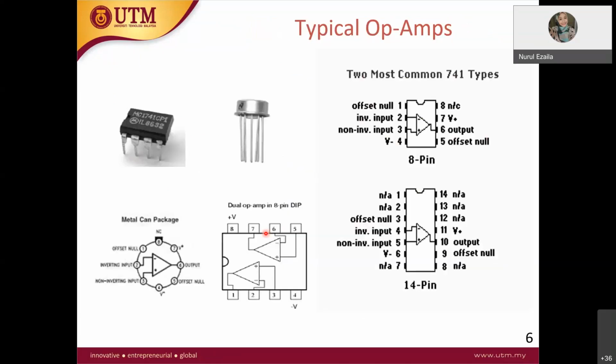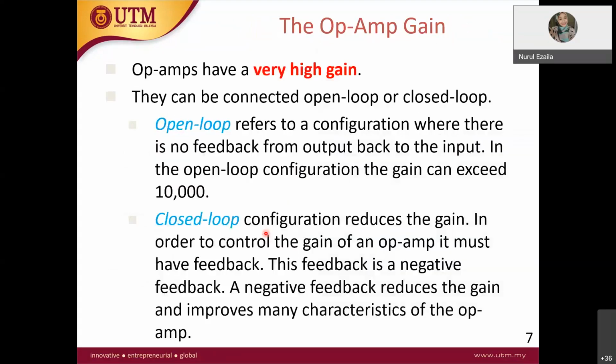Open loop refers to a configuration where there is no feedback from output back to the input. In the open loop configuration, the gain can exceed 10,000. The closed loop configuration reduces the gain. In order to control the gain of an op-amp, it must have feedback.